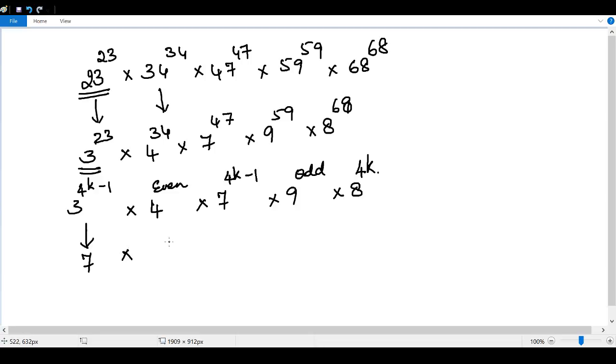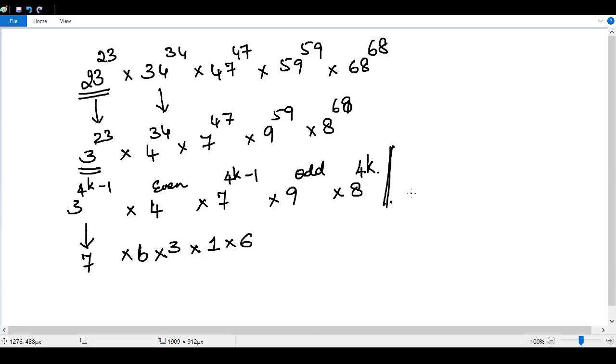Right. 4 to the power even will be what? 6. Because 4 power odd is 4, 4 power even is 6. 7 to the power of 4's multiple minus 1 is what? It's 3, because 7 was 7931. 9 to the power of odd ends in 1. 8 power 4's multiple is 6.